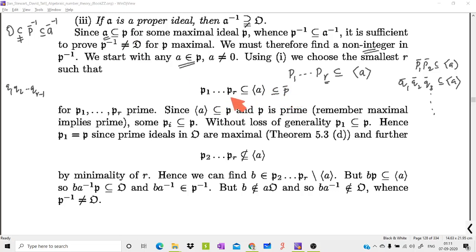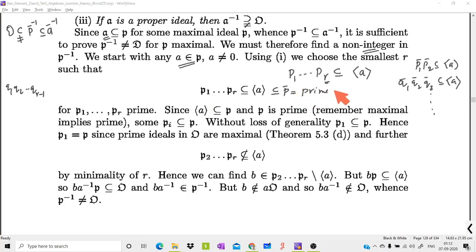So P1, P2, PR are all prime ideals. Then we know that every maximal ideal coincides with a prime ideal for this O. A maximal ideal is always a prime ideal as well.